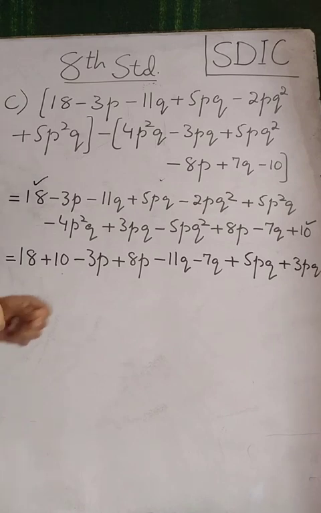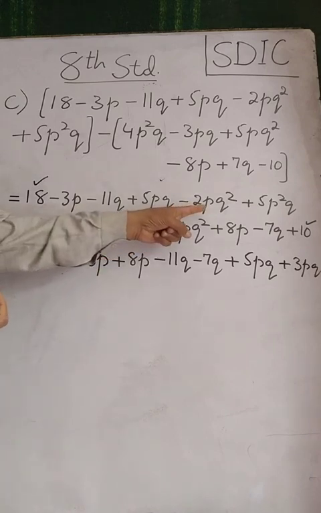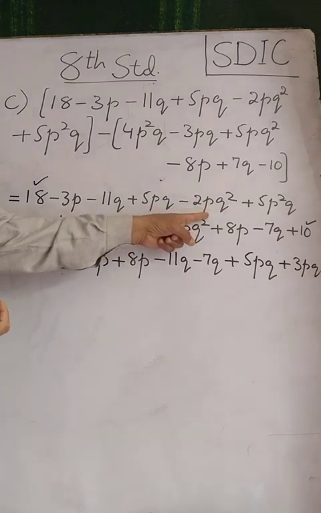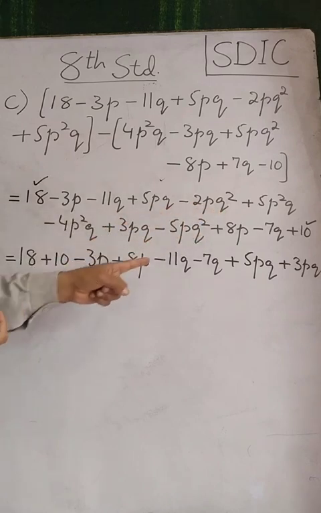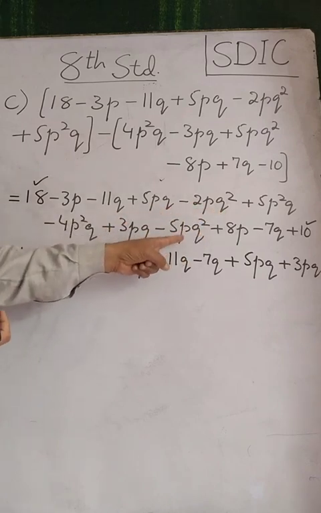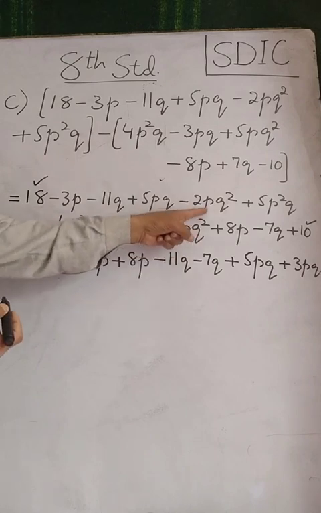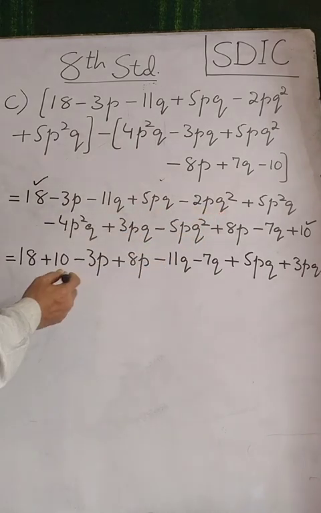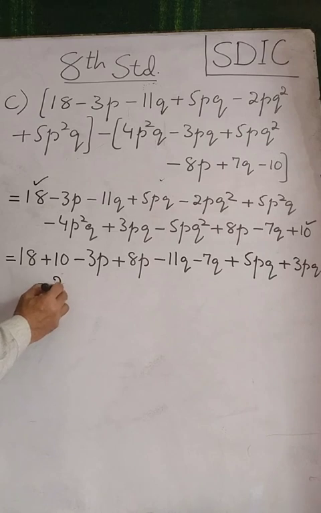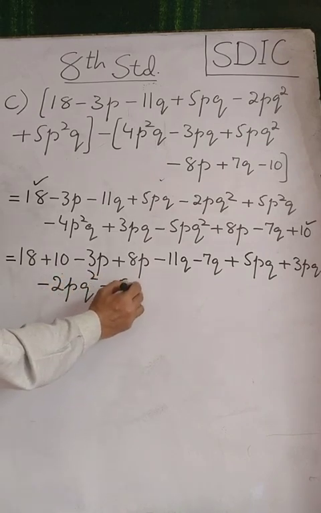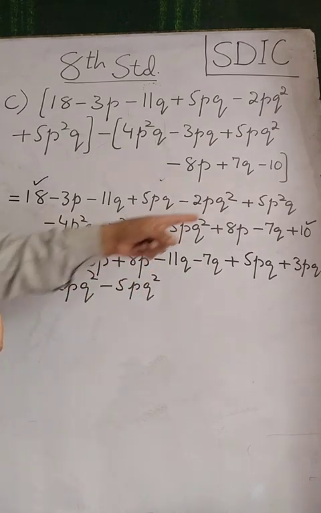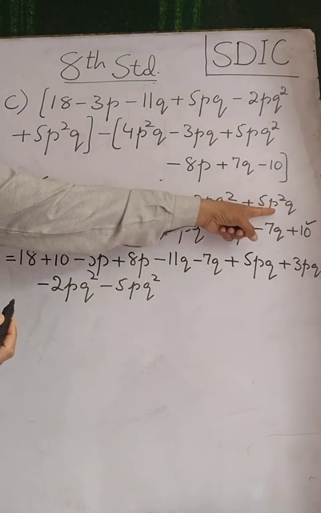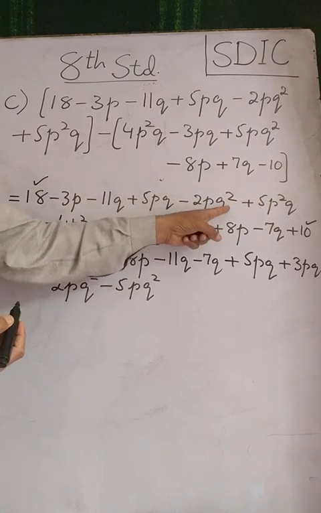Then another set of like terms we have with variable part pq square. Two such terms again are there, this 2pq square and this 5pq square. Both have the same variable part, pq square. These also we'll collect and write together, minus 2pq square minus 5pq square. And the last one is with variable part p square q. Here we had pq square, where the square was on q.